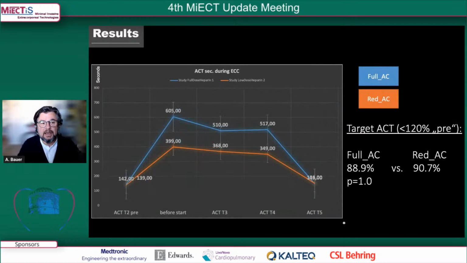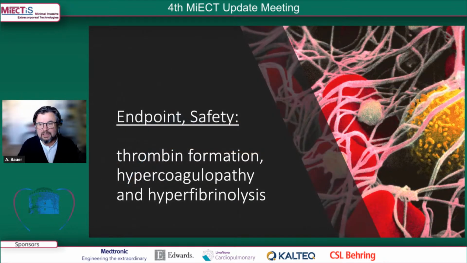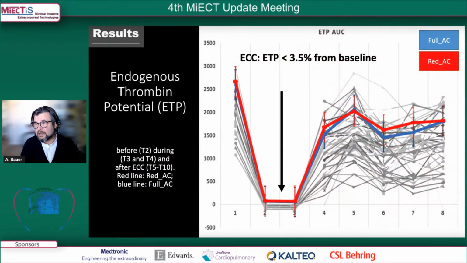And those are the ACTs during that study. We also investigated the safety, as I mentioned before, and we measured the thrombin potential. What we have seen is that the anticoagulation with 300 seconds is completely the same as with the old approach, with the high dose.